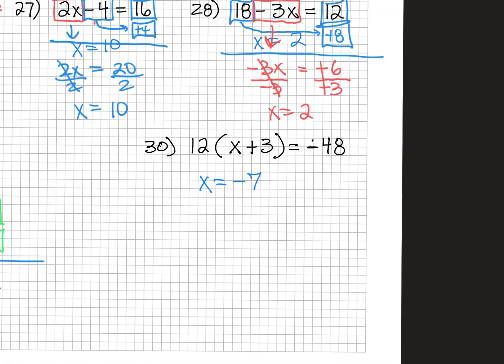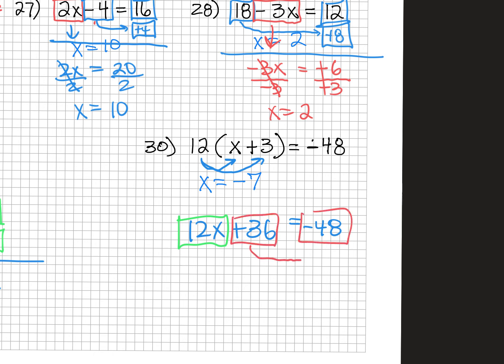All right, for number 30, same thing. 12 times x gives us 12x. 12 times 3 is plus 36 equals negative 48. All right, there's our letter term. There's our number term. This guy's got to go over here with him and become negative 36.